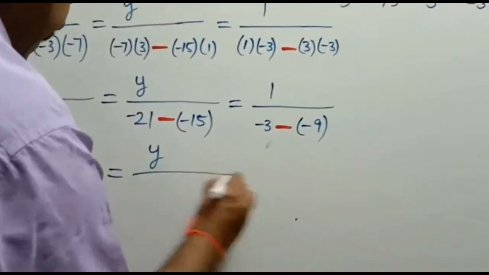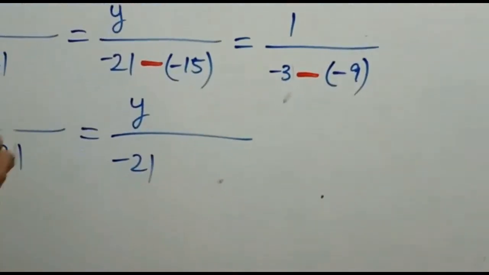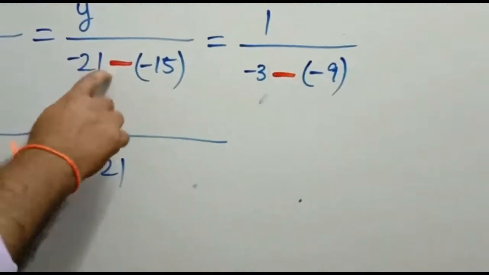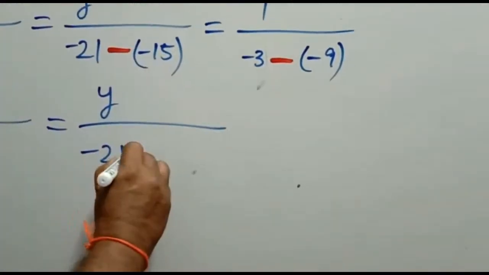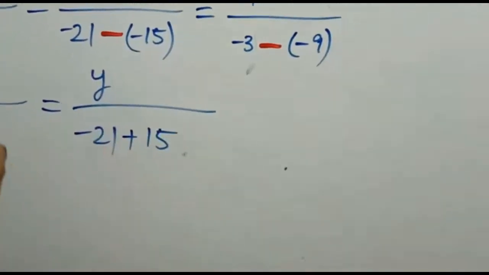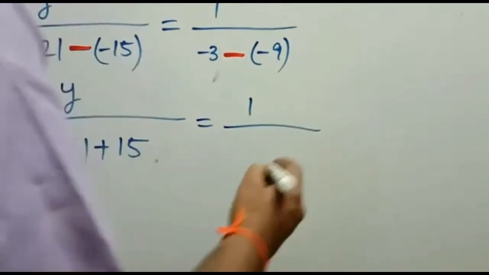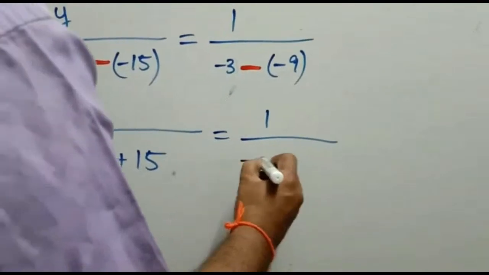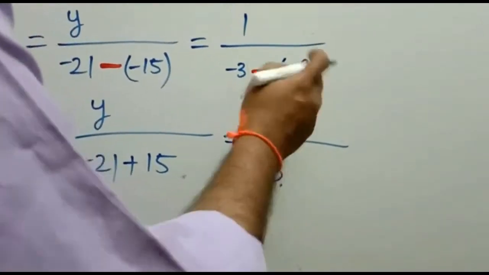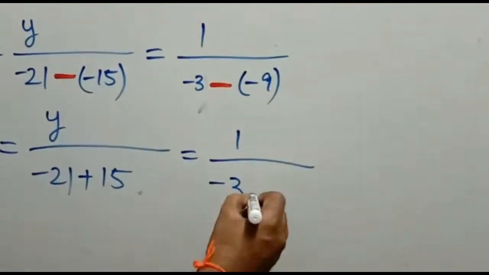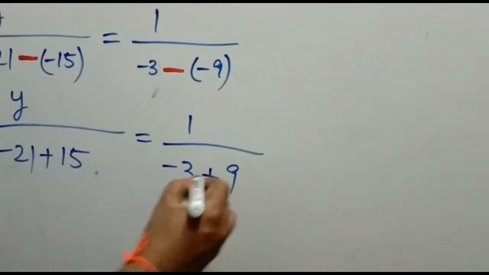y by minus 21. Minus into minus plus, not negative, positive, that's why plus 15 is equal to 1 by minus 3. Minus into minus plus, plus 9.